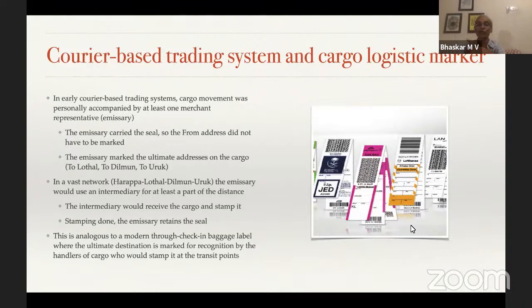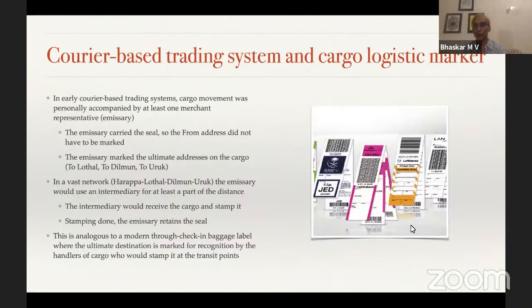That kind of movement might also have taken place, and we see a profuse mix of all of these. As I said, I'm giving you simple strands of thought, which in its entirety is analogous to the through check-in baggage tag logic, which is what we are exposed to.